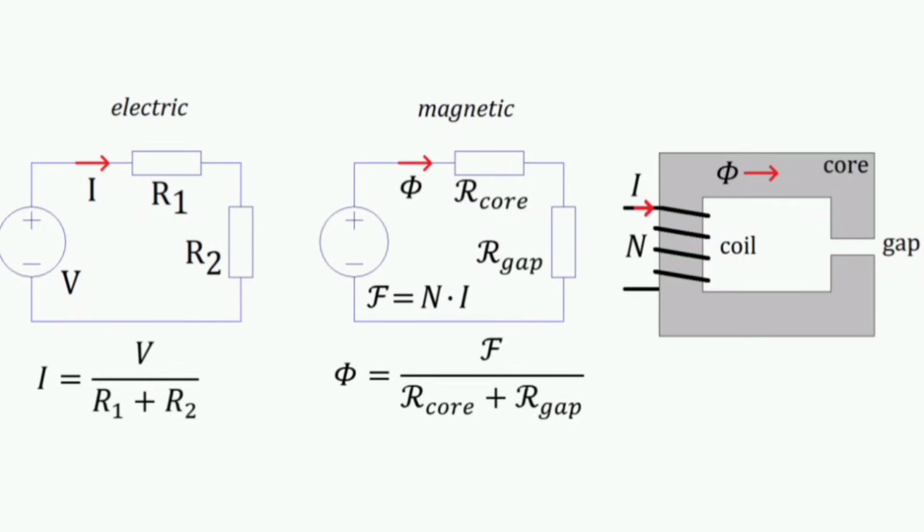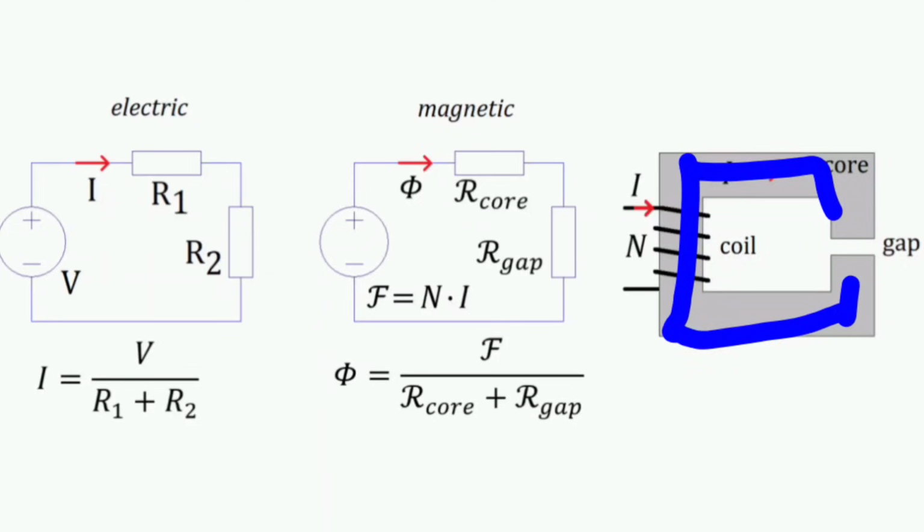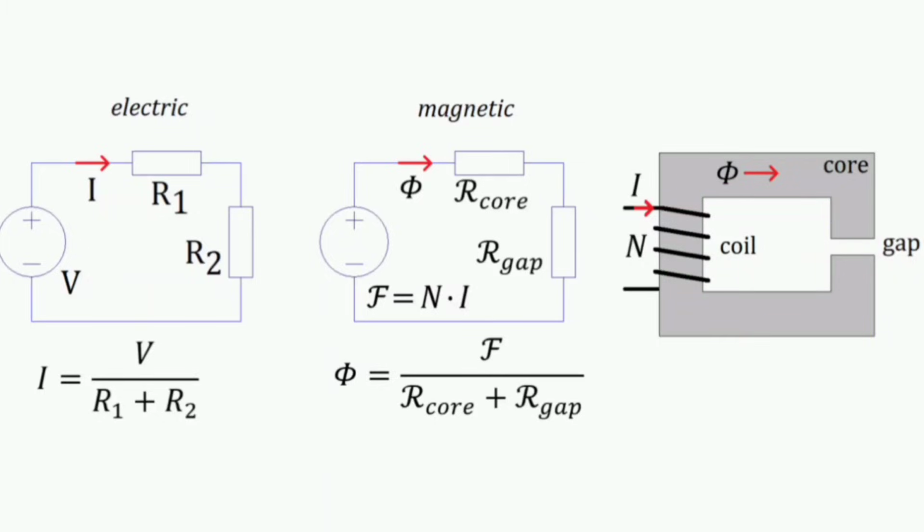In the case of this electric circuit, the current passing through this resistor R1 and R2 is the same. Same way, in the case of this magnetic circuit, the flux formed in R core and in the R gap is going to be the same. And the potential difference drop across R1 and R2 gets divided proportional to its resistance. So if R1 is a low resistance and R2 is a very high resistance, the applied voltage goes proportionally at maximum level into R2.